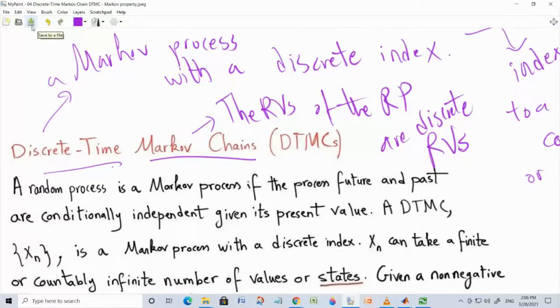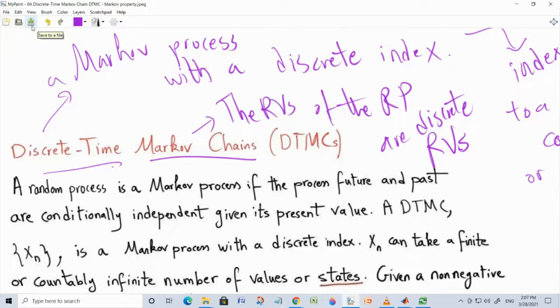But what about a Markov process to begin with? What is a Markov process? The idea for a Markov process is that the future and the past are conditionally independent given the present. Of course, this needs to be written in a mathematically rigorous way, and the remaining part of the lecture will be about exactly what the Markov property is.